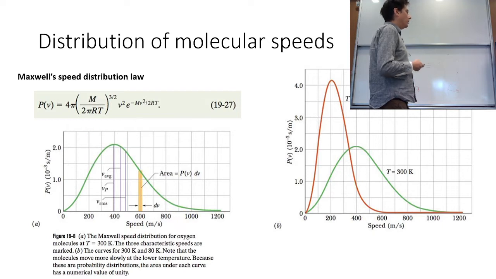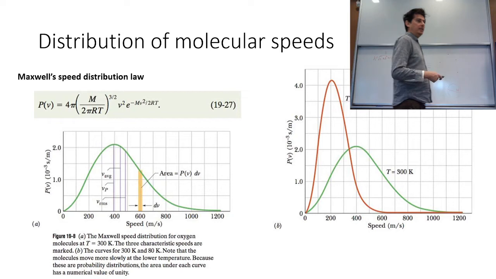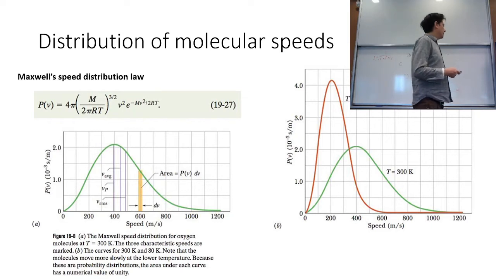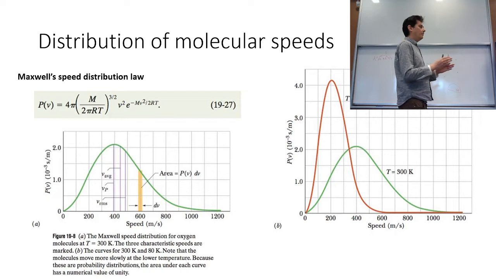And what you can do, this is actually a probability density, just in case. So have you guys done probability densities? Okay, well, at least some of you have. So basically, probability density means that the probability variable, in this case v, is continuous.